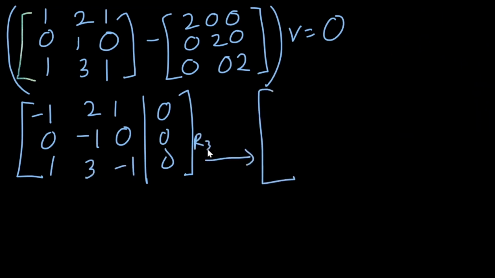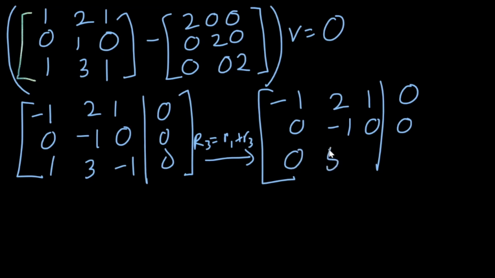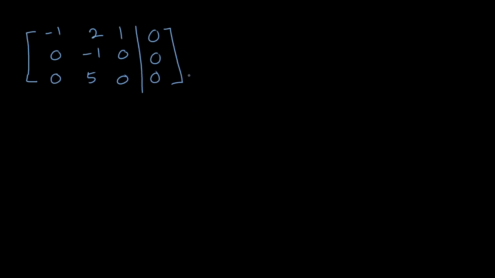So the new row 3 would be row 1 plus row 3. 2 plus 3 is 5. 1 plus minus 1 is 0. 0. Simplifying the third row, now we have the new row 3 equals to negative of a23 over a22, which would be row 2 plus row 3, and we have to copy the first two rows.